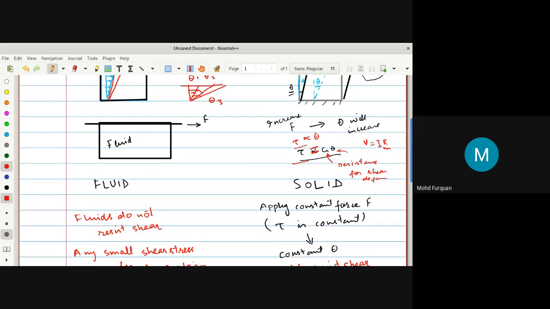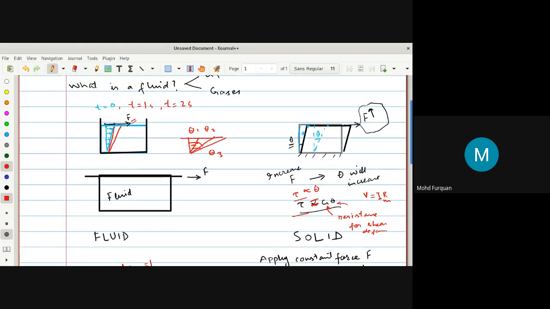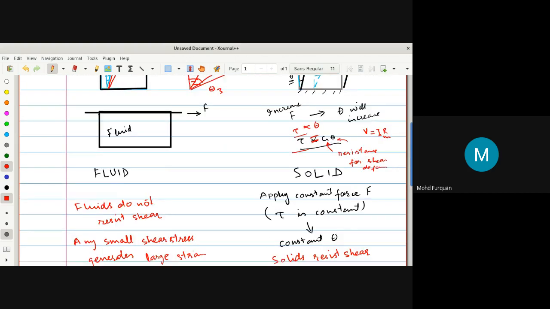Because even if you have a very small value of F tending to 0, at t equal to 1 second maybe you will have a theta which is small, but as the time keeps increasing, that theta will keep on increasing even for very small value of F. Then it means that if you wait for long enough, you can get any value of theta even with very small value of F. This is not the case with solid.